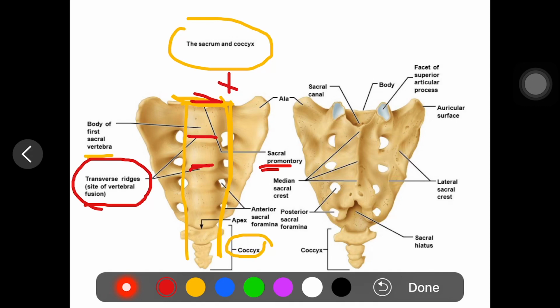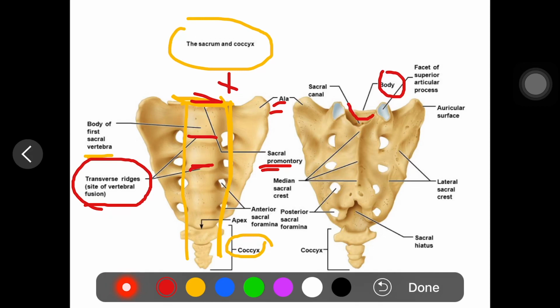This is the ala. You see it clearly on the ilium. The sacrum, as any bony part, is formed from a body. This is the body of the sacrum.